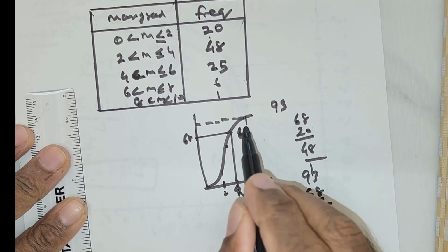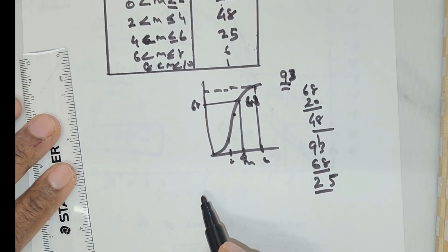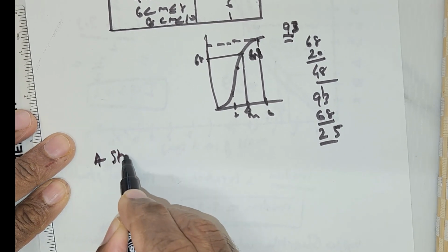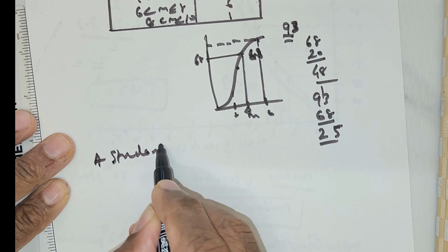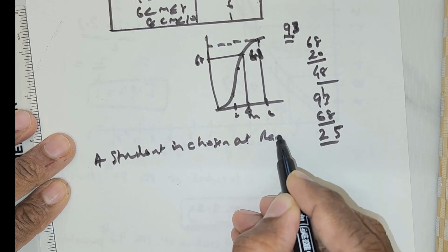Now this value you have located is 93. This is critical. Why is it critical? The next question they are asking is: a student is selected at random.